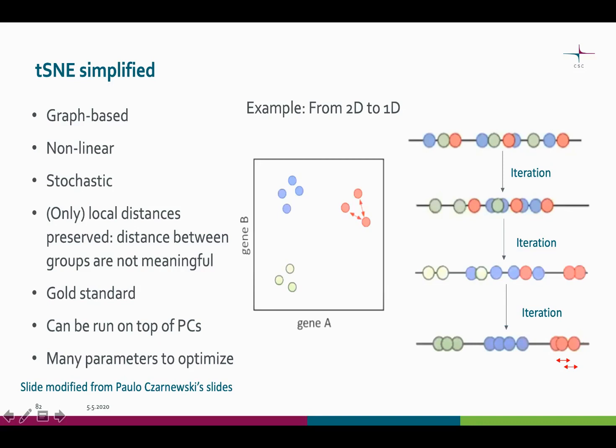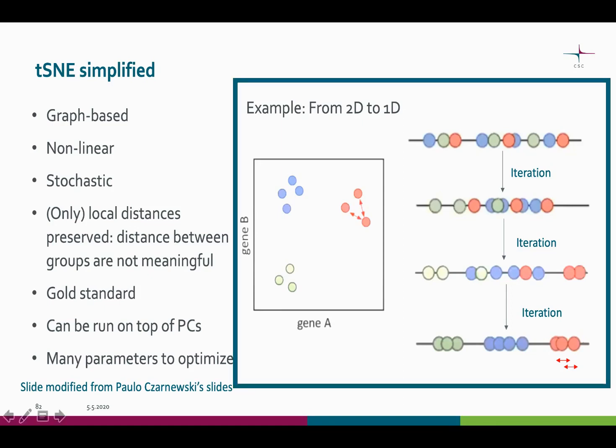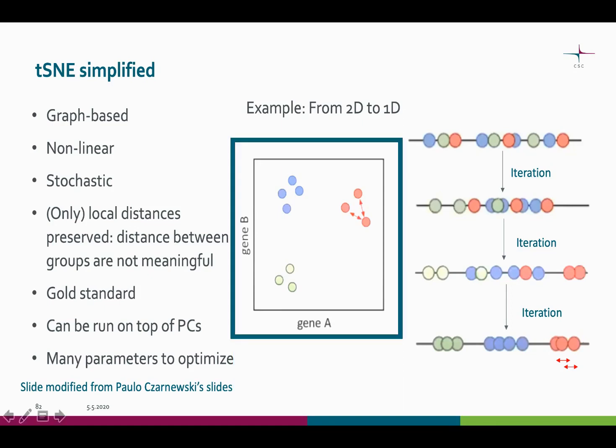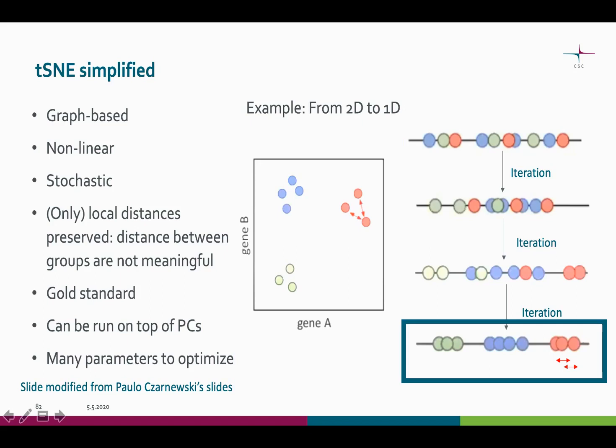tSNE has been the gold standard in single-cell RNA-seq visualizations, and it can be run on top of principal components, which is how we use it. There are many parameters to optimize. Here's a simplified example of going from two-dimensional data to one-dimensional data using tSNE.